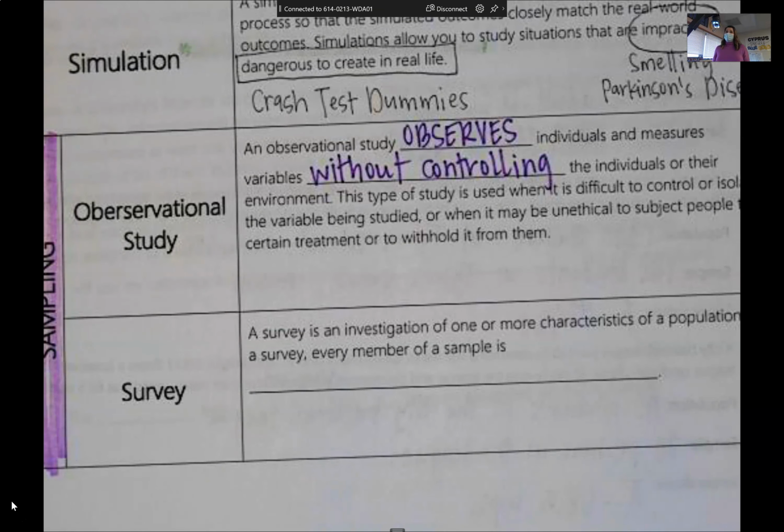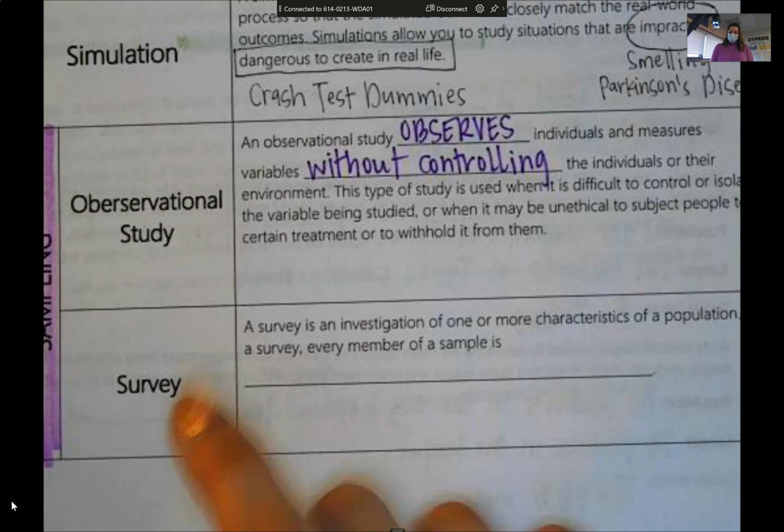Does that make sense? So an observational study is only an observational study if it can be done without meddling, without you getting involved with your subjects. Sometimes they're going to ask you, is this a sample survey, an observational study, or an experiment? And you may have to go back and think, well, would my subjects know that I was doing this?